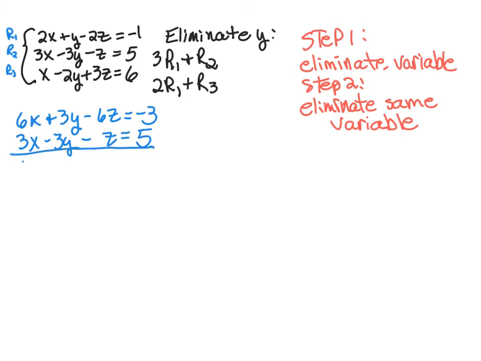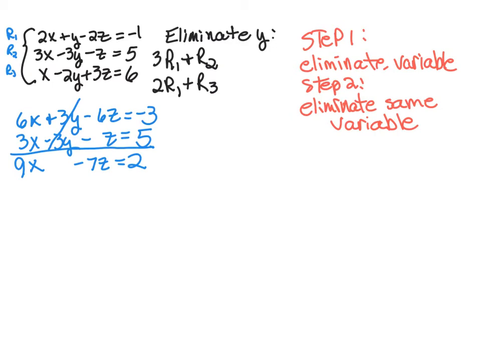Combining those, I'm going to get 9x. The y's go away. Minus 7z equals 2. That's going to be the first equation in the next system that I'm going to solve. Doing step 2, I'm going to multiply the top row by 2, combine it with the bottom row.